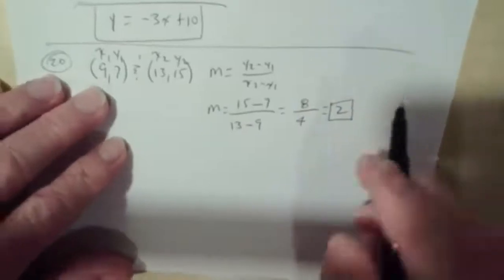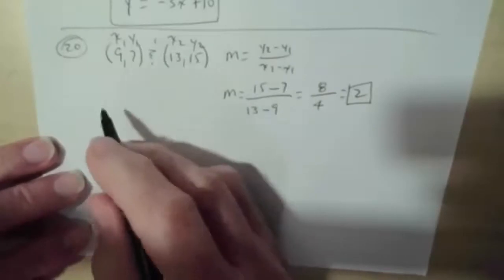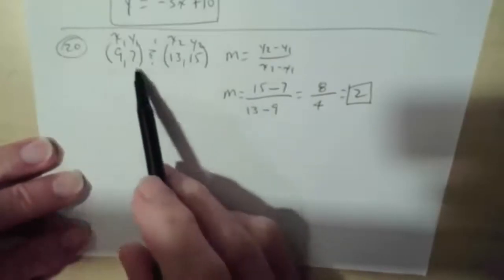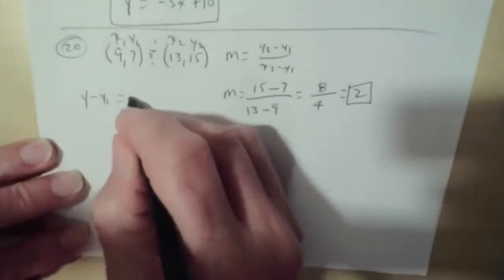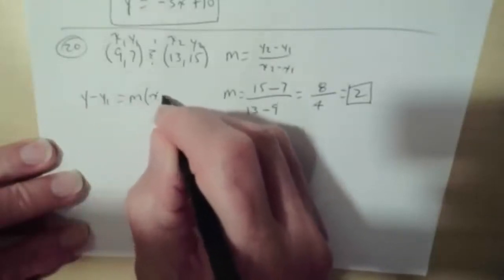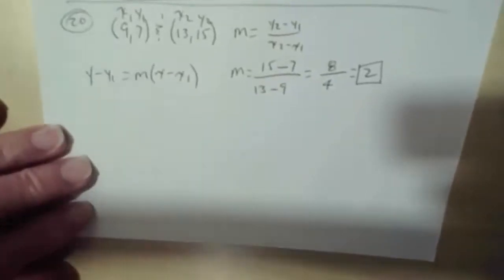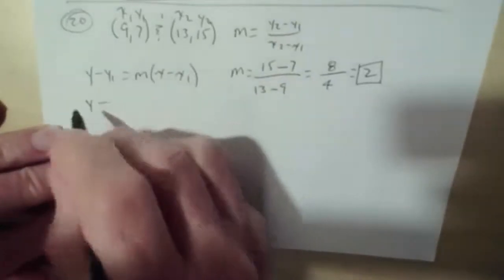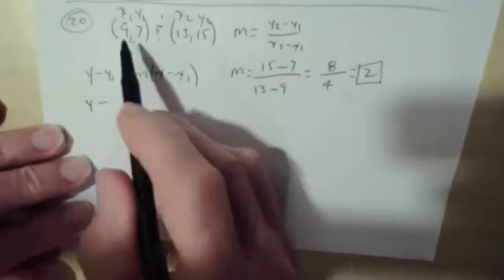Now remember, we want the equation of the line. So what are we given here? 2 points and the slope. So we're going to use y minus y1 equals m open x minus x1. You can use either one of these points. It doesn't make any difference. Let's use this one because the numbers are easier.